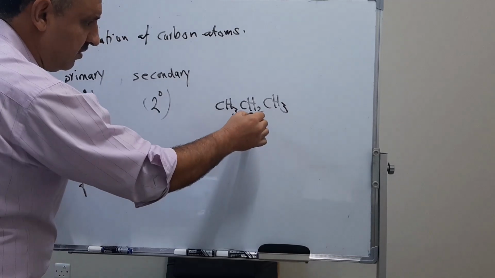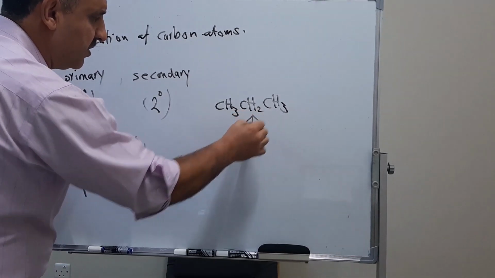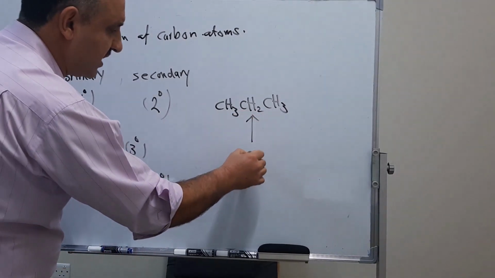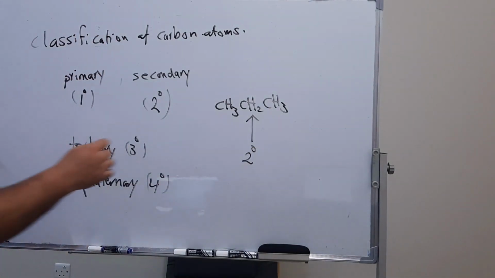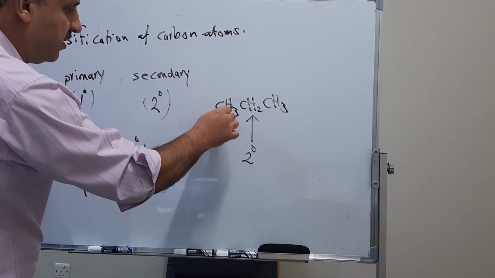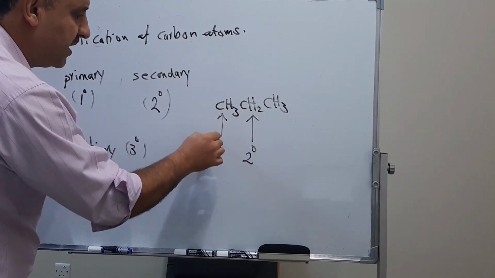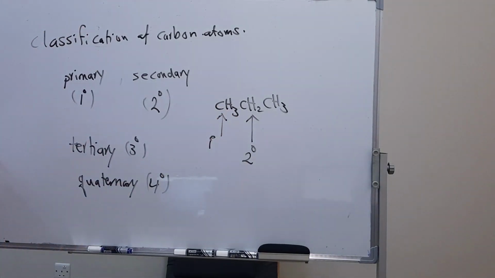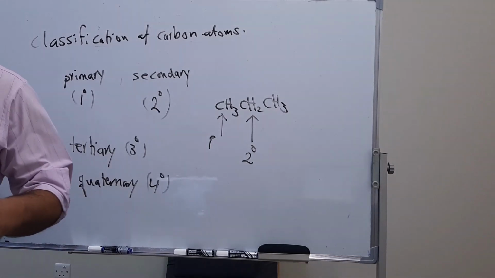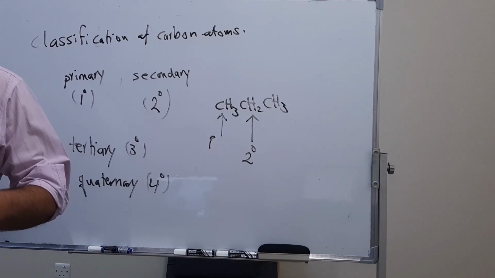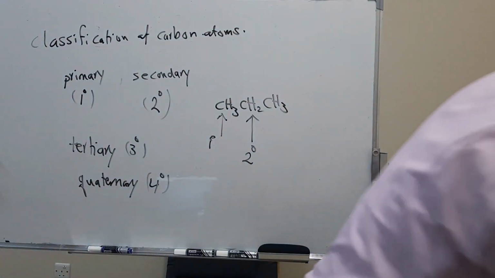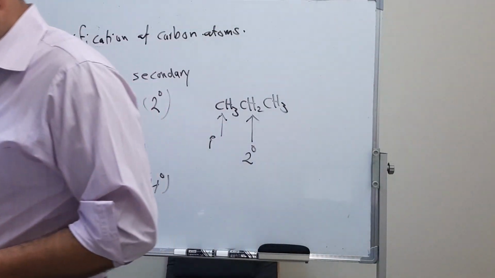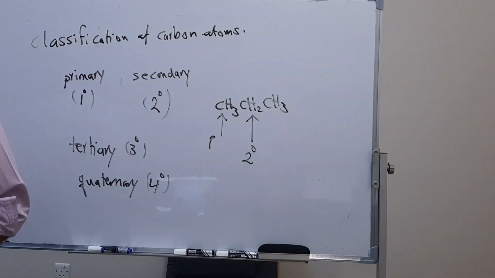We classify the carbon in the middle as a secondary carbon because it's connected to 2 carbon atoms, while this carbon we classify as primary because it's only connected to 1 carbon. So the classification is straightforward. It depends, as I said, only on the number of carbon atoms attached to the carbon under investigation. Is that clear?